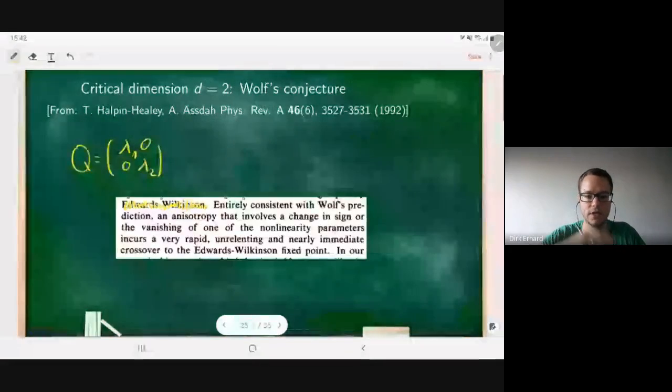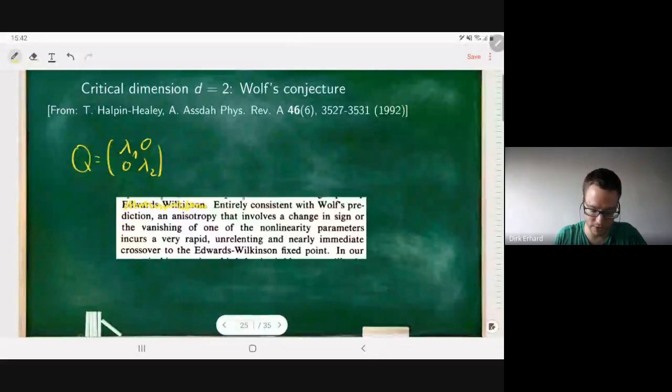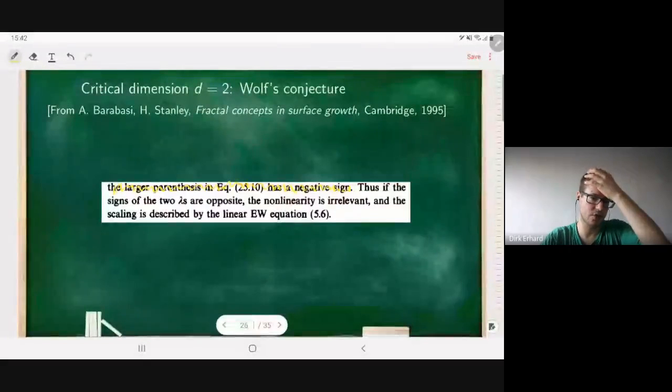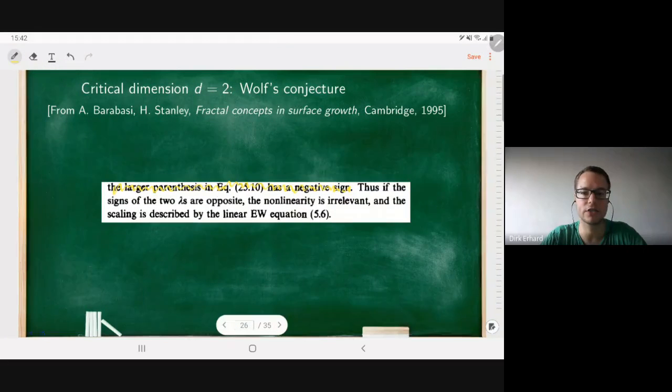So they expect that you go over to the linear equation, and essentially the same was written in a book by physicists some years later. Thus, if the signs of the two lambdas are opposite, the non-linearity is irrelevant, and the scaling is described by the linear Edwards-Wilkinson equation. So there's some kind of agreement in the physics literature, and you can try to go after that and try to prove or confirm it mathematically, right?